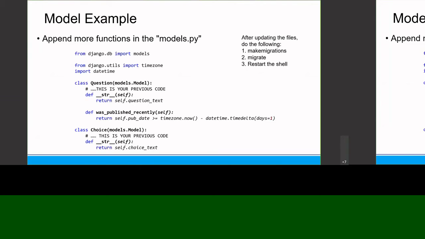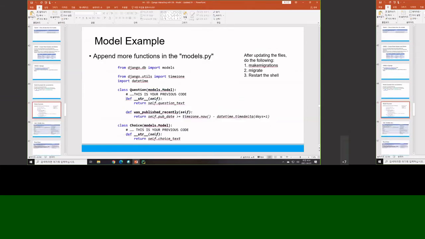Now I want to make one more function, was_published_recently. And in the choice, I would like to make one function about the string, so that whenever I do the SQL, I will see the choice text. So let's put this one.